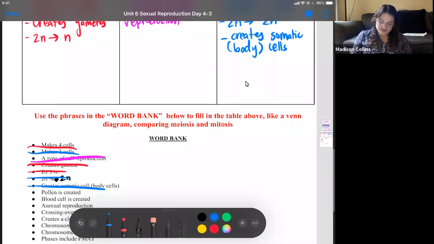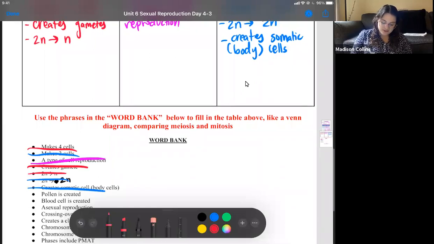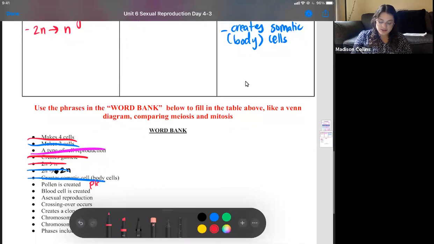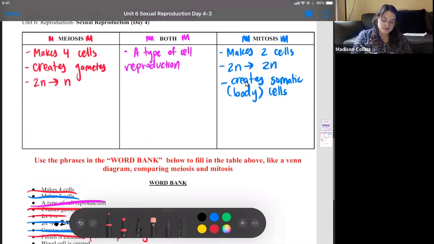Okay, pollen is created. Well, I think we had this epiphany in some of my classes where we realized that pollen is actually plant sperm. So if it is plant sperm, that means it's a gamete, which means that pollen is created through meiosis.